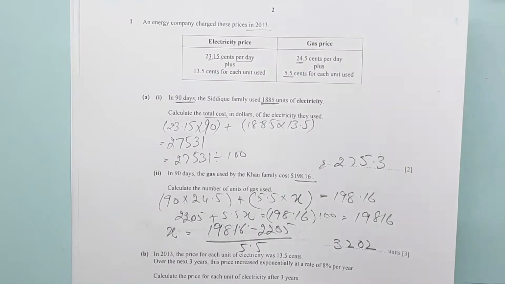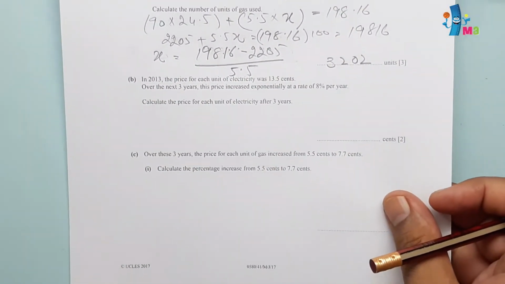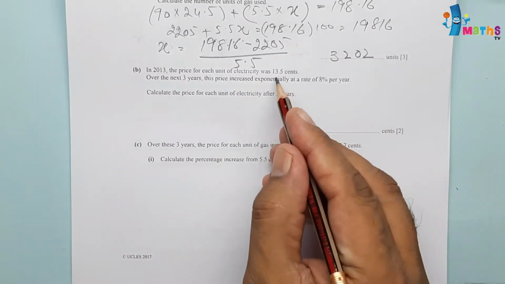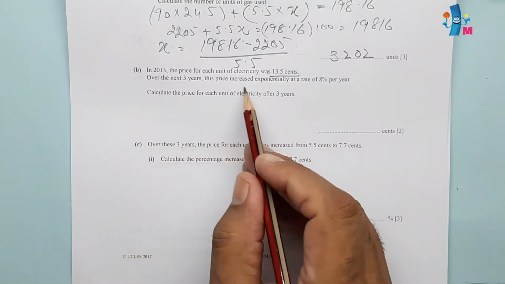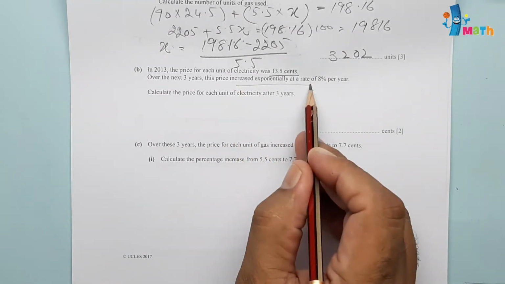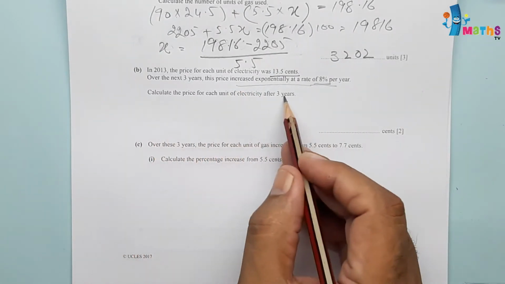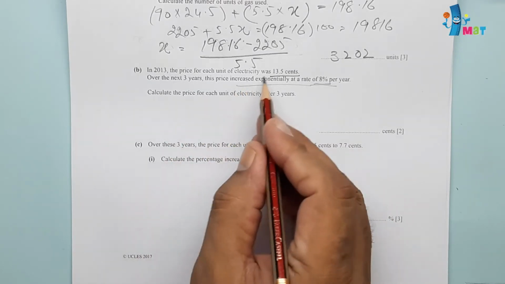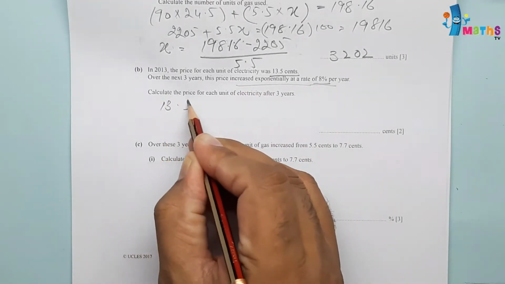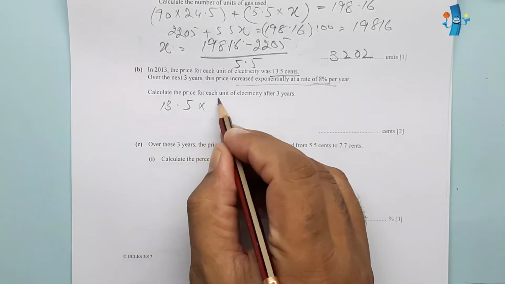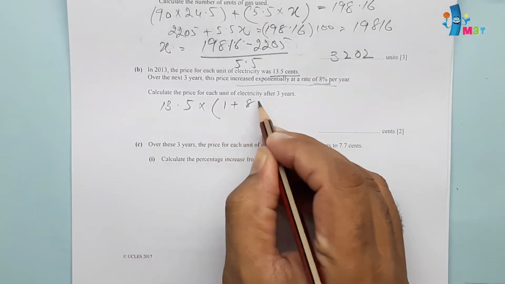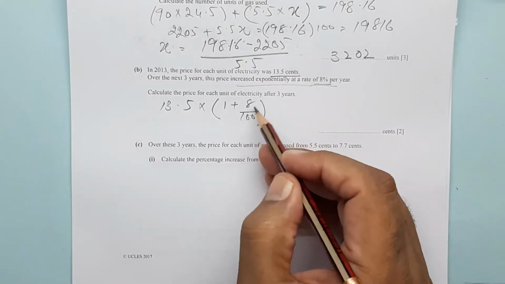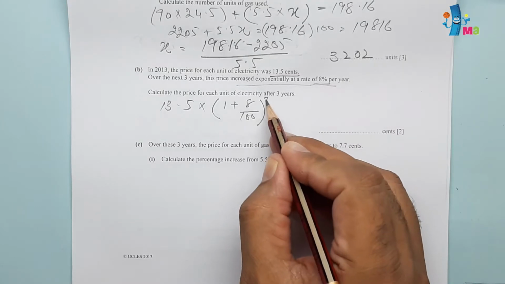B part, in 2013 the price of each unit of electricity was 13.5 cents. Over the next 3 years the price increased exponentially at a rate of 8% per year. Calculate the price for each unit of electricity after 3 years. So 13.5 is the price, so it will be increased exponentially, 8% increase, and for 3 years duration.